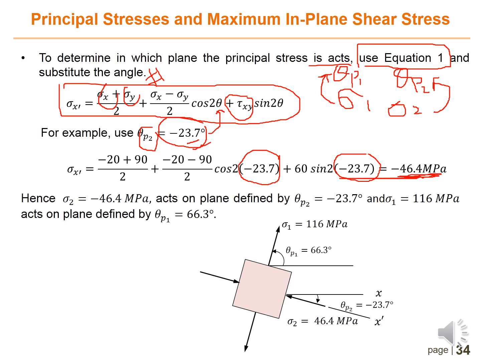That means at the plane having theta p2 equals negative 23.7 degrees, the normal stress is negative 46.4 megapascal.